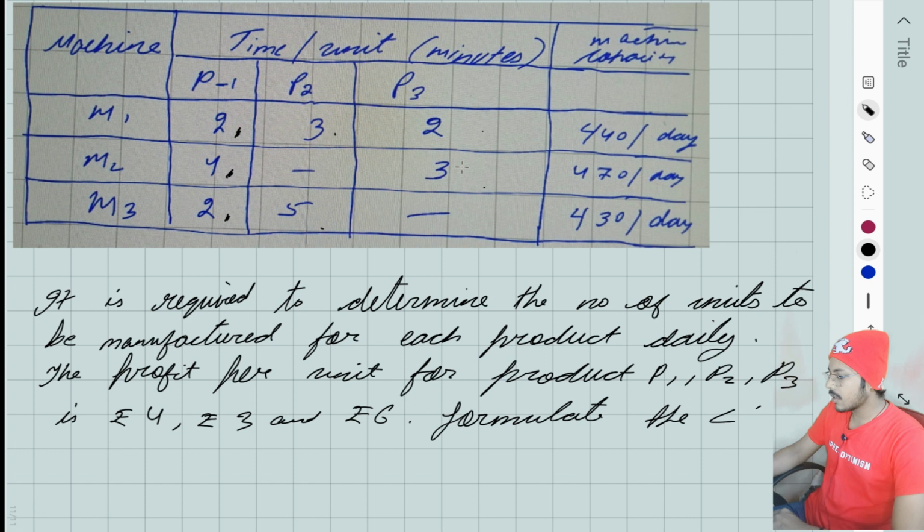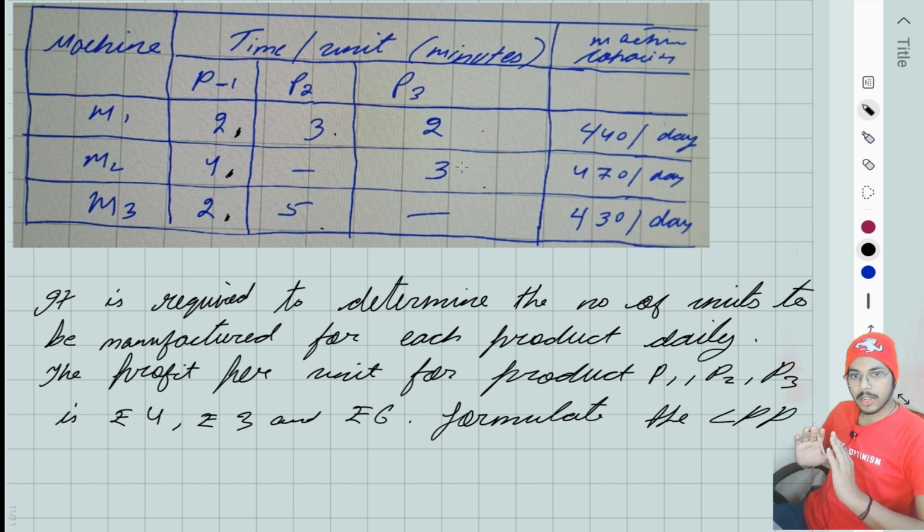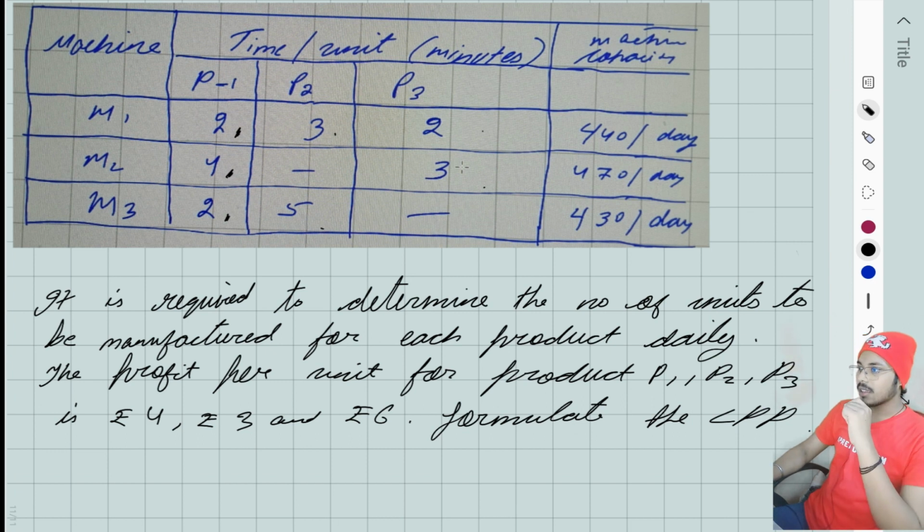So guys, this is a new type of problem, so do not be afraid of it. I am simplifying this problem for you. First, remember there is something written at the last: profit per unit for product is 4 rupees, 3 rupees and 6 rupees, and this profit depends on the products.